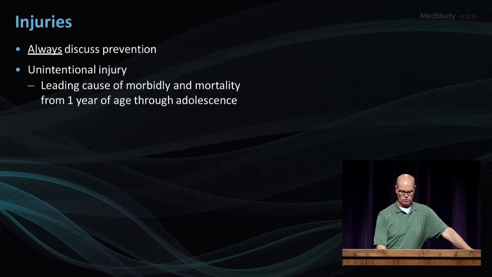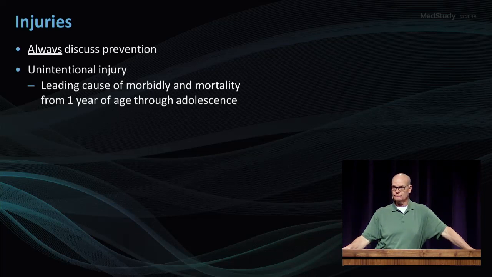And so if you look at the AAP recommendations, obviously prevention is always important to discuss, be it anywhere from the temperature on your water heater to car seats to prevention of shaken baby syndrome, et cetera.